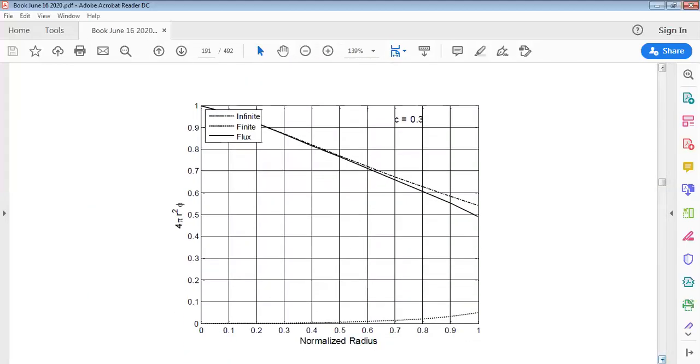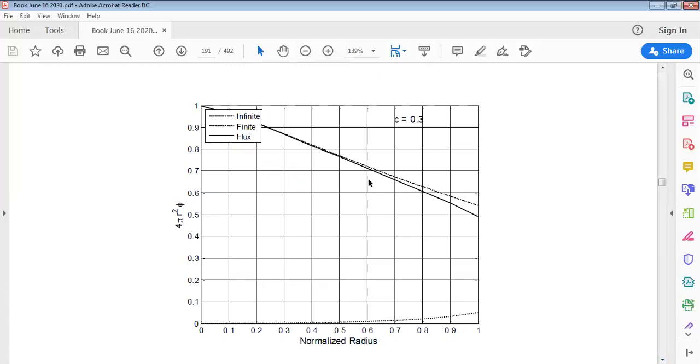Now these are the values of 4 pi r squared phi. The flux is neutrons per centimeter squared per second. When you multiply this by centimeter squared, the flux becomes neutrons per second.